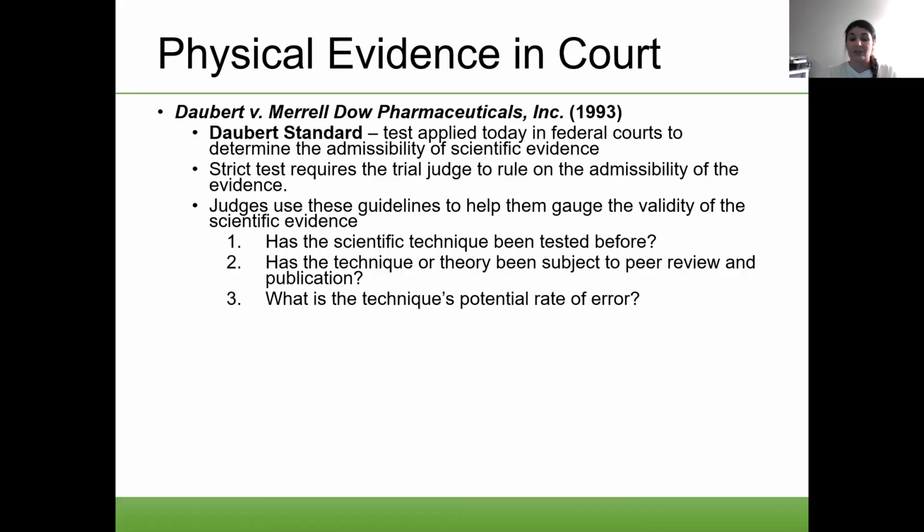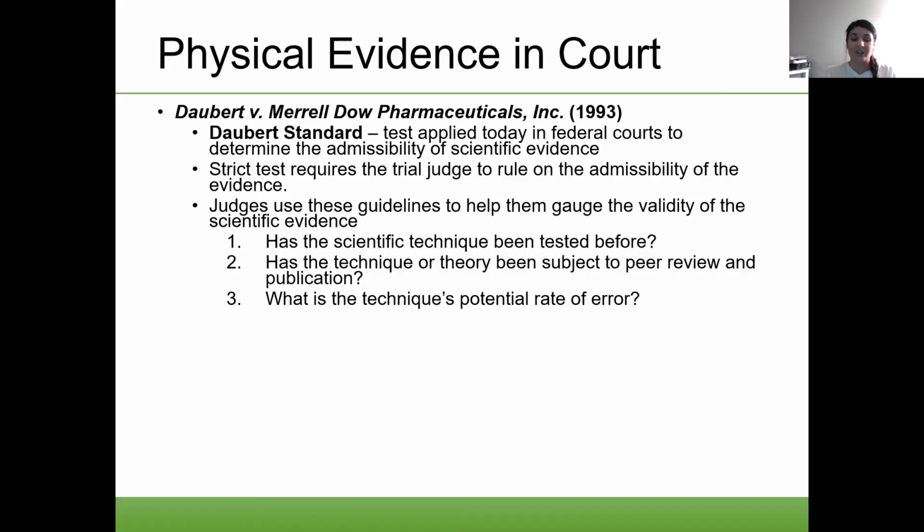What's the technique's potential rate of error? Every technique and analysis has a possible rate of error or testing error. A lot of it is a statistically insignificant rate of error or statistical error.